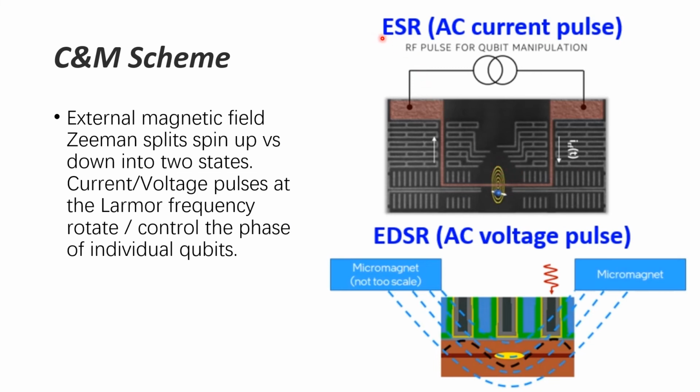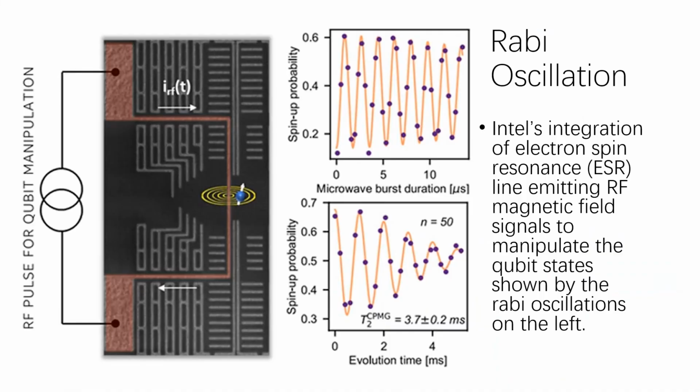The first one is called the ESR method, electron spin resonance.